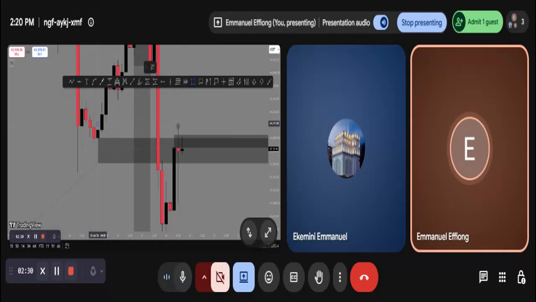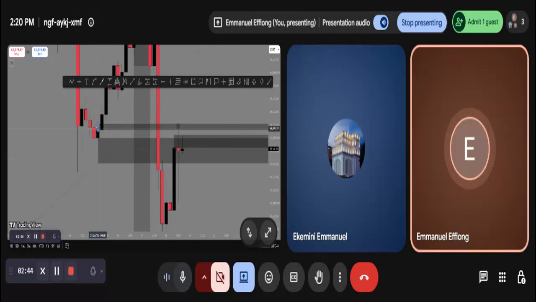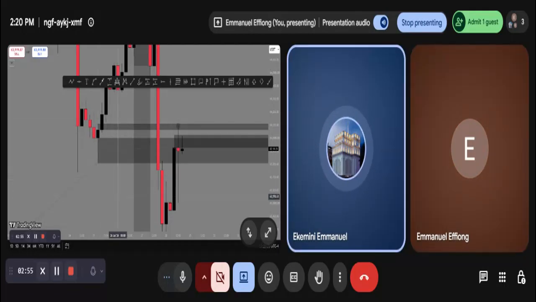What type of candle is this, this second one here? The candle that has this normal rejection, the upper wick is what? Inside weak rejection. Am I correct?